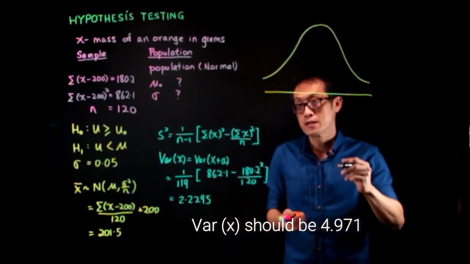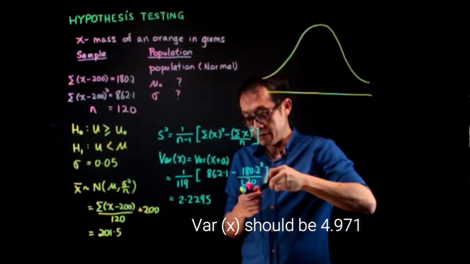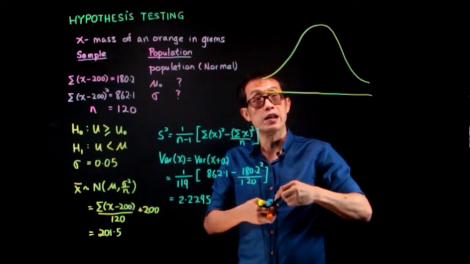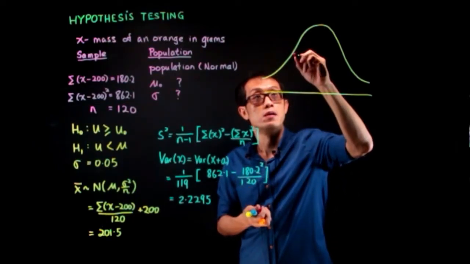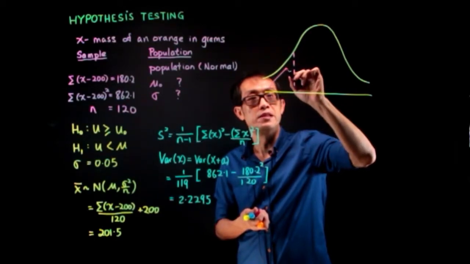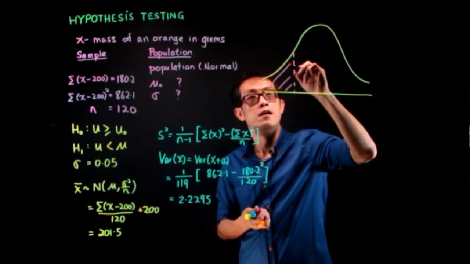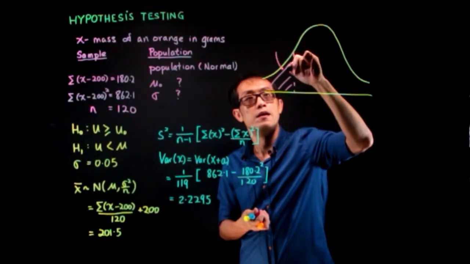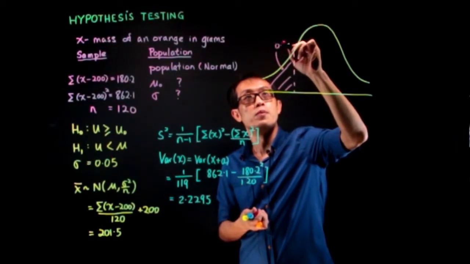Now, let's say this is the 5% level of significance. I use a different color. So this is 5%, 0.05.